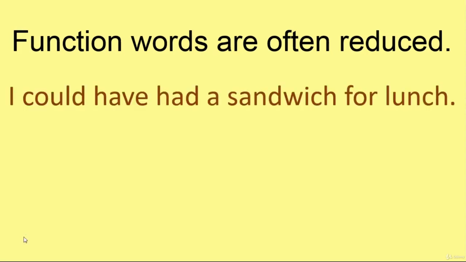For example, I could have had a sandwich for lunch. Now, let's pronounce each of these words as your dictionary might tell you to pronounce them. I could have had a sandwich for lunch.